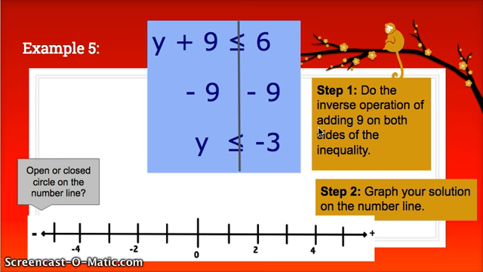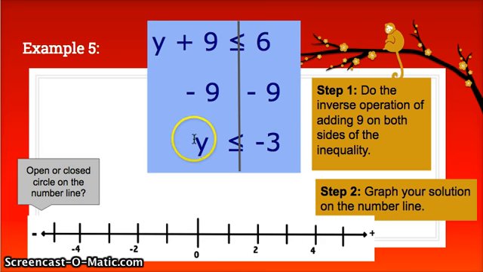Right? So when I subtract, I start at 6 and I go to the left. Think of it kind of like on the number line. If I were to start at 6 and go to the left 9, subtracting 9, right? Minus 1, minus 2, 3, 4, 5, 6, 7, 8, 9, you end up over in the negatives. So 6 minus 9 is negative 3.